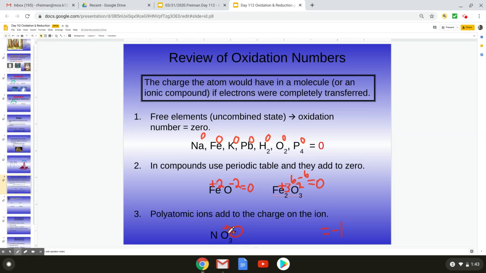So there's 3 of them. 3 times -2 is -6. What -6 gives you -1? +5. So 5 minus 6 equals -1, which means that nitrogen in this ion has a charge of +5. So we can figure out its oxidation number this way.